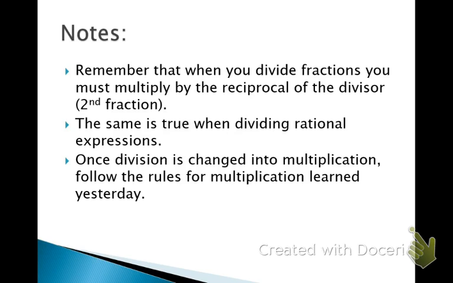Remember that when you divide fractions, you must multiply by the reciprocal of the divisor, which is also known as the second fraction. The same is true when dividing rational expressions. Once division is changed into multiplication, follow the rules for multiplication learned 2 days ago.